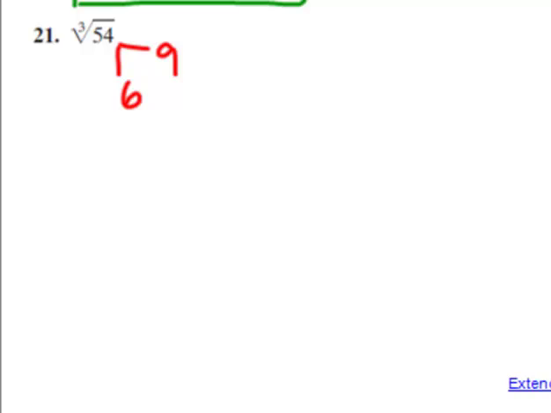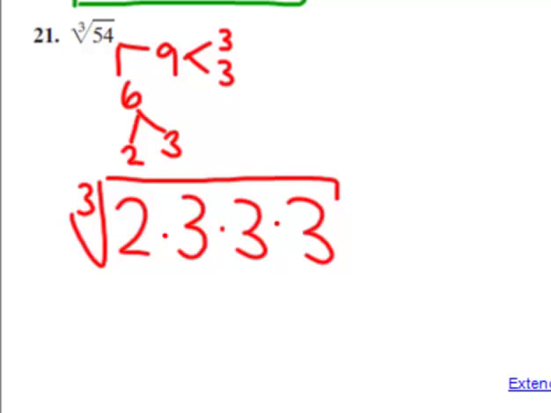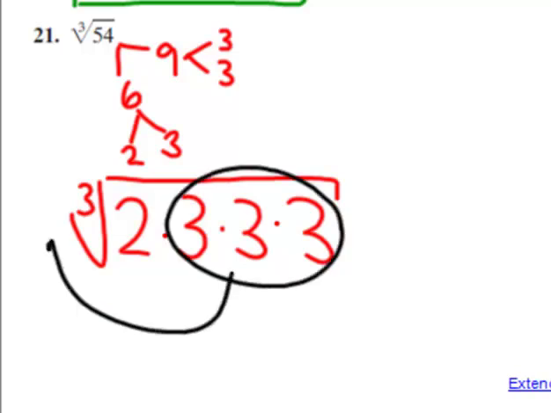And then break these guys up. 2 and 3, 3 and 3, and then they can't be broken up anymore. So I have the cube root of 2 times 3 times 3 times 3. And then we can take out one group of 3's. So we end up with 3 times the cube root of 2.